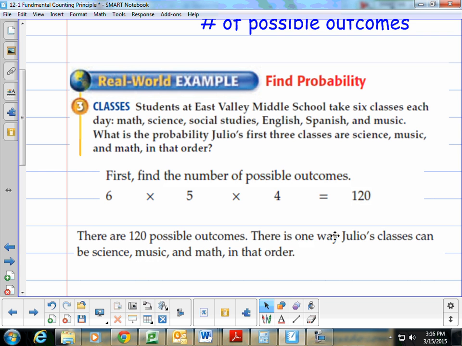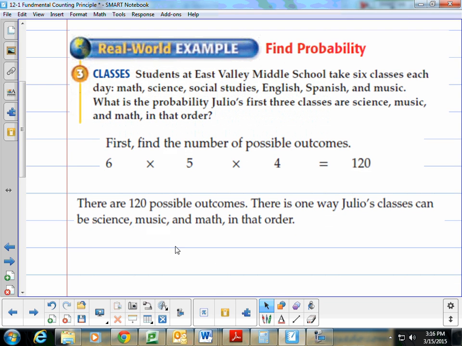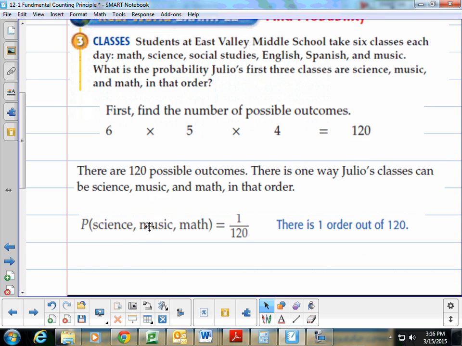There's one way that Julio's classes can be science, music, and math if it's that specific order. It's a different order if we said science, math, then music. But there's only one order that would be those 3 first. So the probability that it goes science, music, and math in that order, this is how you represent what event you're trying to show, is 1 out of 120.